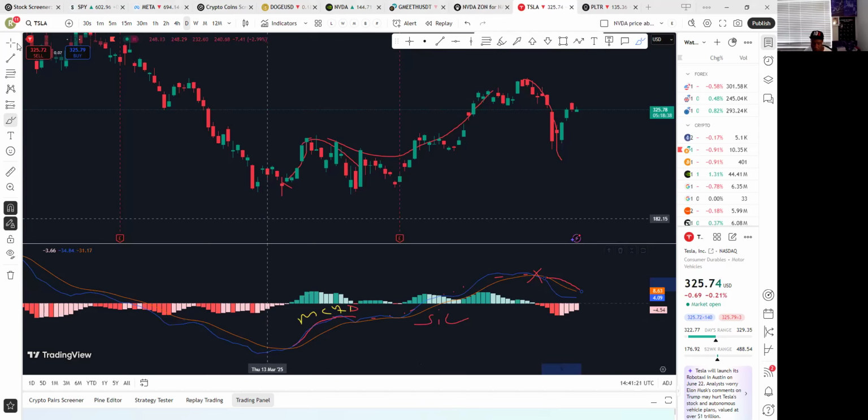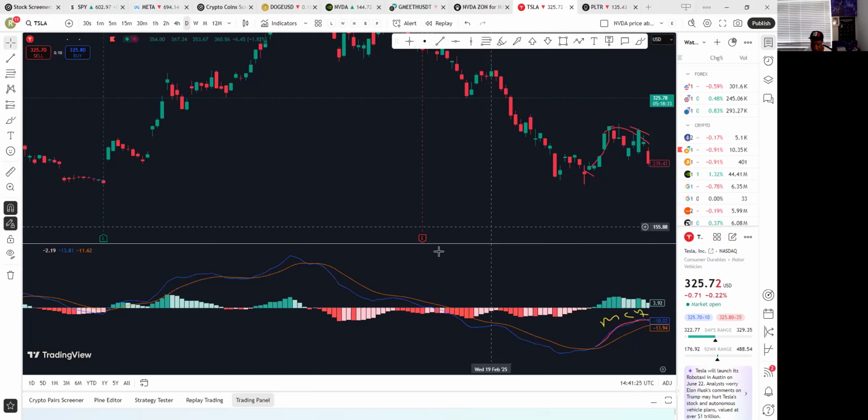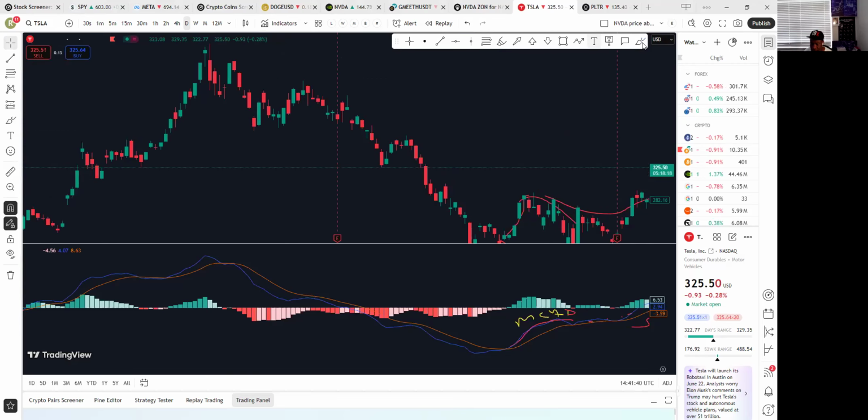Let's move to see where it has been crossed. You see, back here, the signal line has been crossing above. Whenever the orange line is crossing above, the stock is bearish. As you can see there, the stock is going down.